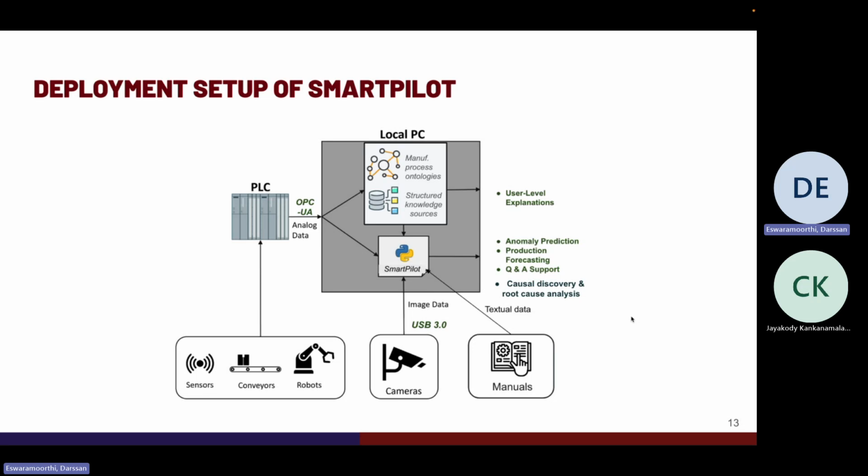This enables multiple downstream tasks, as we've gone over in the previous slides, such as prediction, production, interactive Q&A, as well as causal discovery with root cause explanations, which is personalized to the user context. Altogether, this setup makes SmartPilot a unified reasoning layer that sits between raw machine data and human decision-making, delivering trustworthy, real-time insights in modern factory environments.